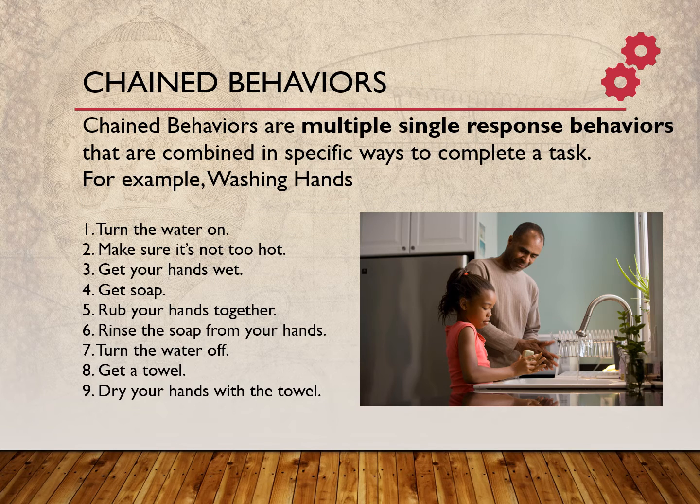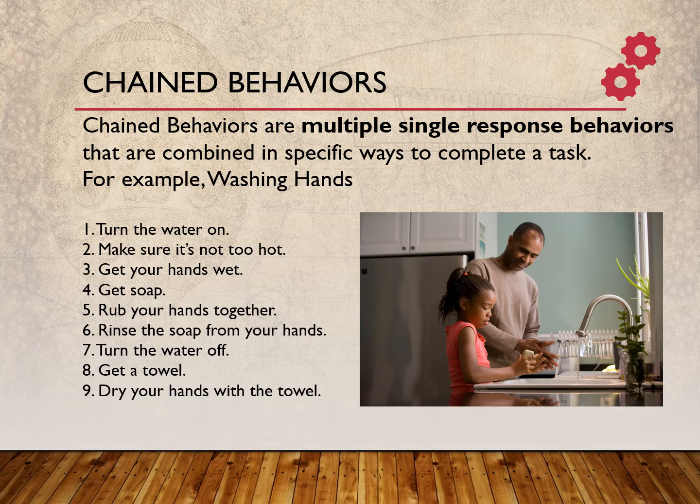Chain behaviors are multiple single response behaviors. So they're individual behaviors that have been combined in a specific way to complete a task. So here, washing hands is a chained behavior, and this is a small breakdown of the steps.